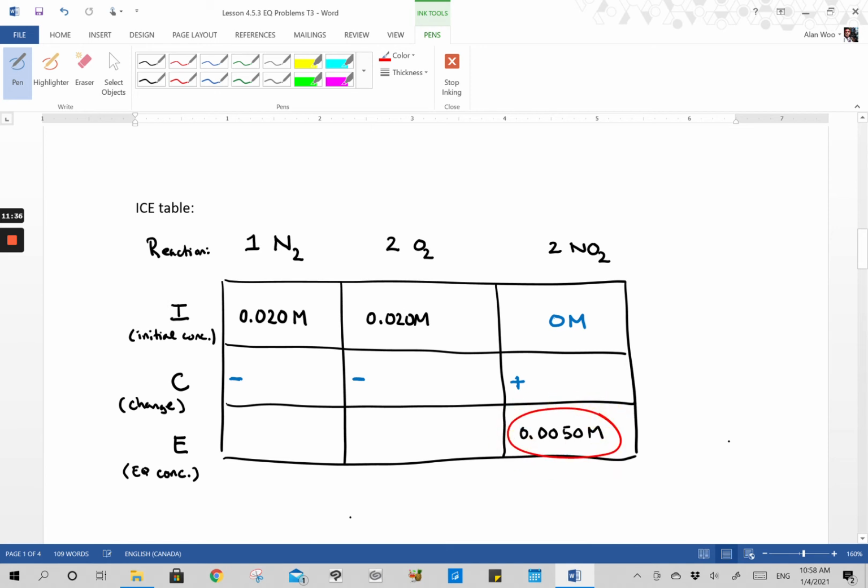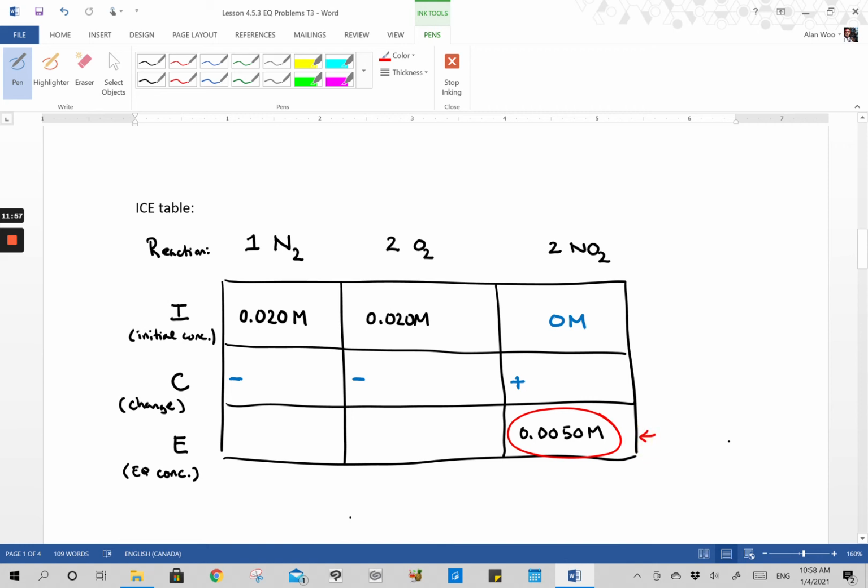In a type 3 reaction, you are given the equilibrium concentration of at least one of your substances. We set up an ice table because we're given initial concentrations. But what makes this a type 3 is this number here.